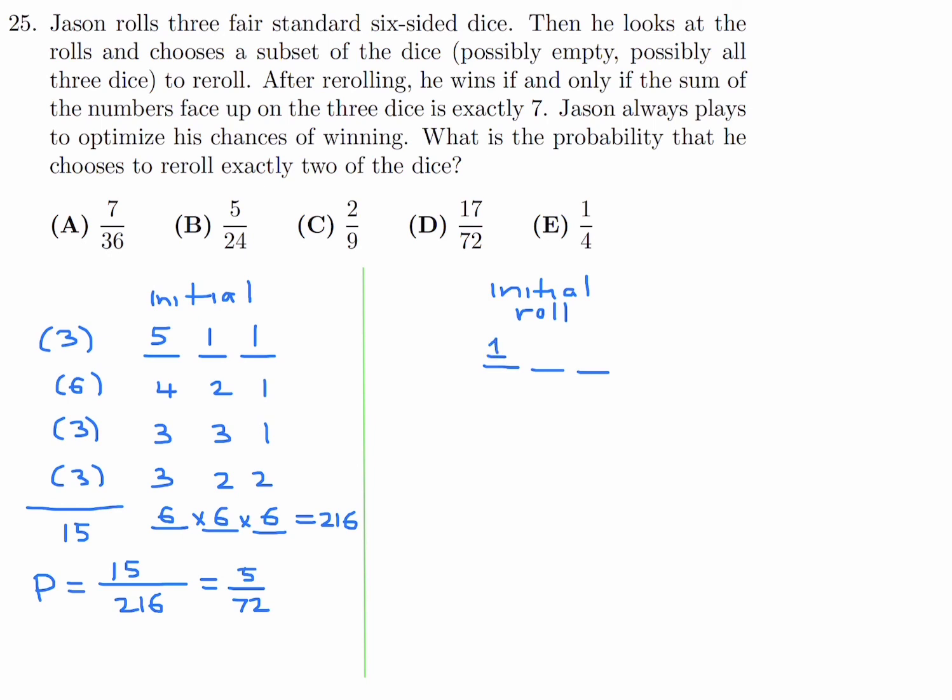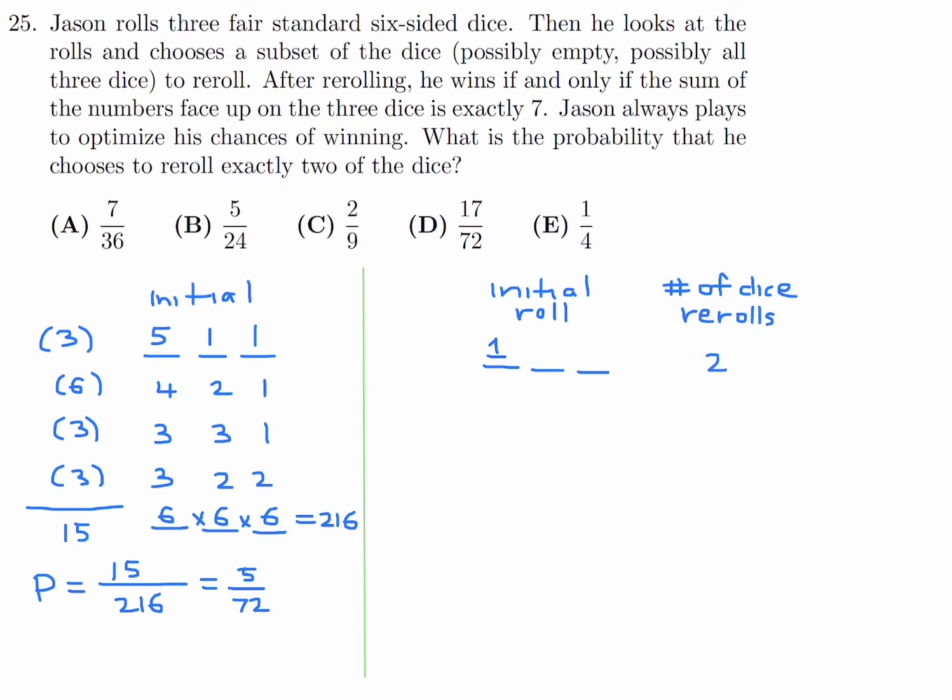The first dice had a 1 on it. And the other 2, we don't know, but we know that he didn't roll a 7. Okay. Then he's going to pick up this dice and roll it again. So the number of dice that he re-rolls is 2. Exactly 2.